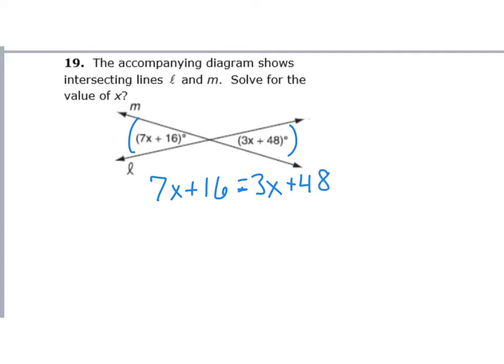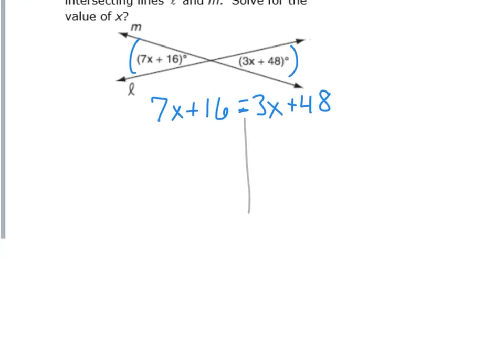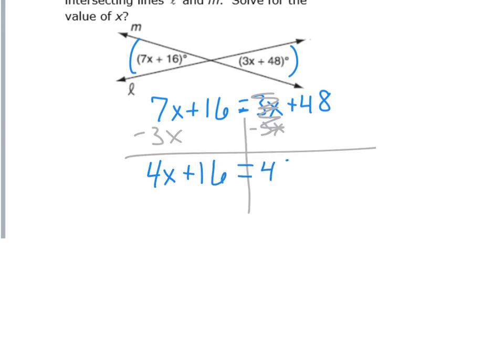I don't have any like terms, so I need to just start by moving things back and forth across my equal sign. I'm going to slide this up a little bit so I have more room to work with. First thing I'm going to do is move my x's to the same side. So I'm going to subtract 3x on both sides so it cancels out on the right-hand side. 7 minus 3 is 4x plus 16 equals 48.